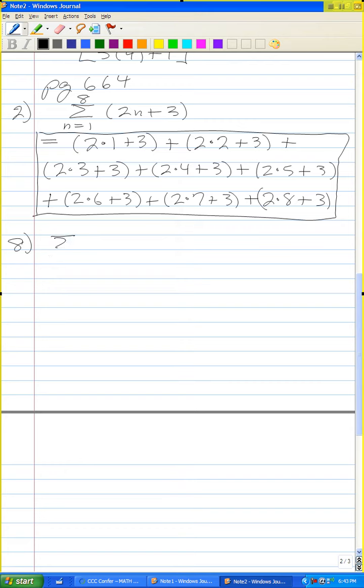Sum, k equaling 1 to 6, negative 2 to the k. And so let's replace k by 1, 2, 3, and keep doing this till I get k equaling 6. 4, 5, 6.